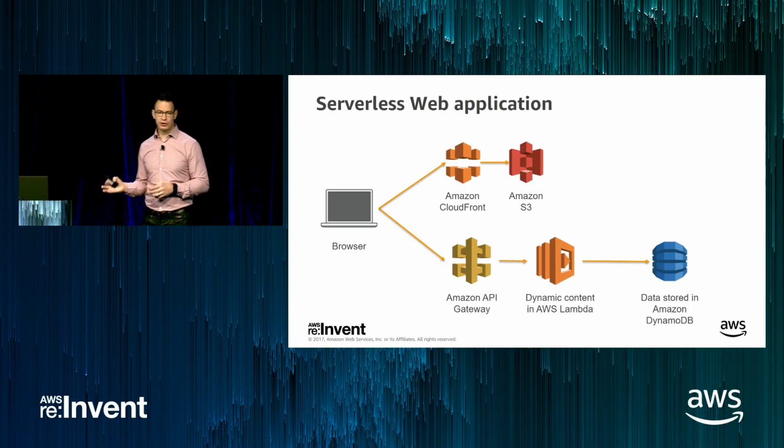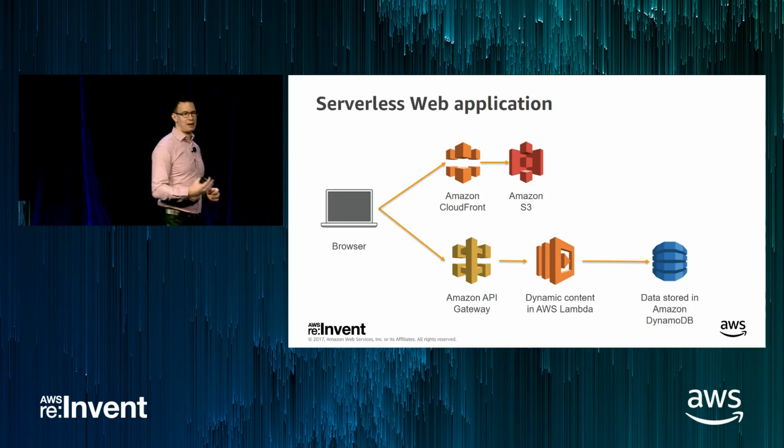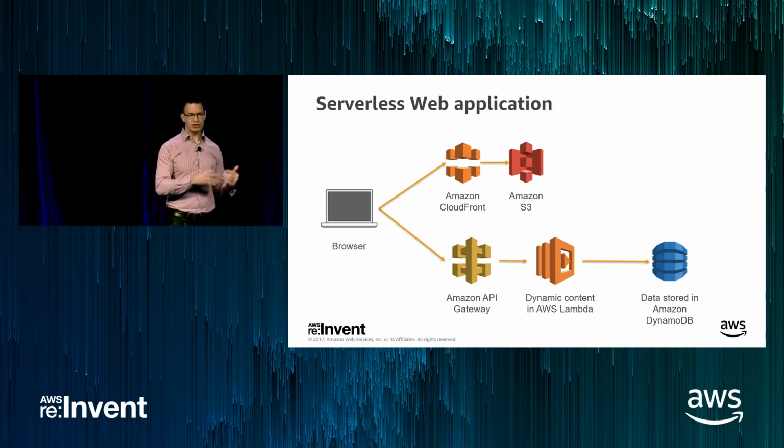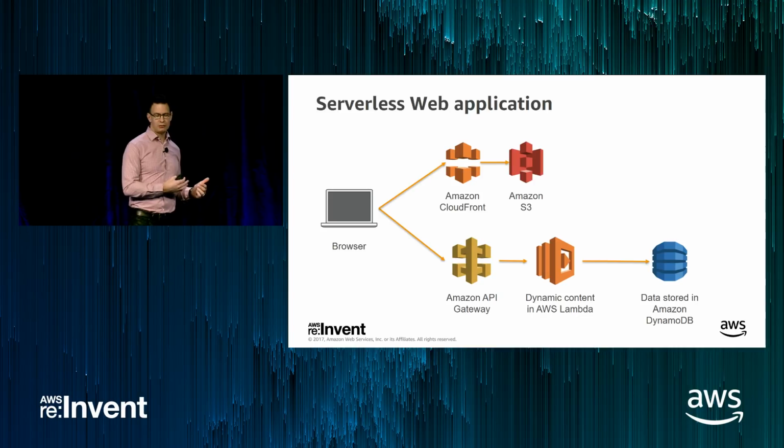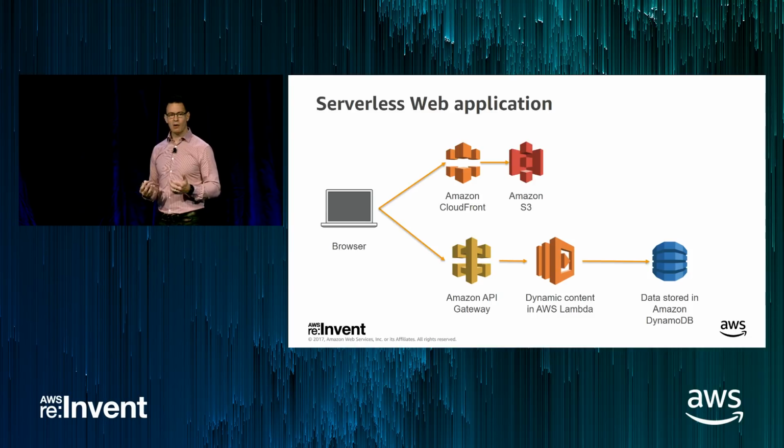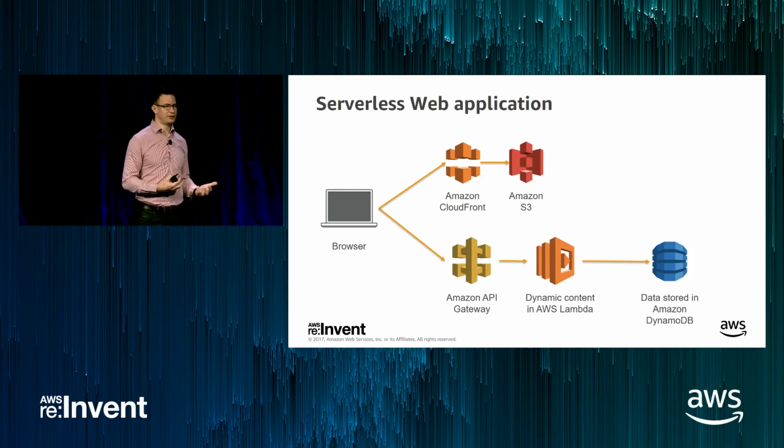Another paradigm that's really important to understand, you've probably heard about already, is serverless web applications. So this is using something we've seen already, which is putting our static content in S3, caching it with CloudFront, and now we're supporting our dynamic content using Lambda. And we do that by putting the Amazon API Gateway in front of it.